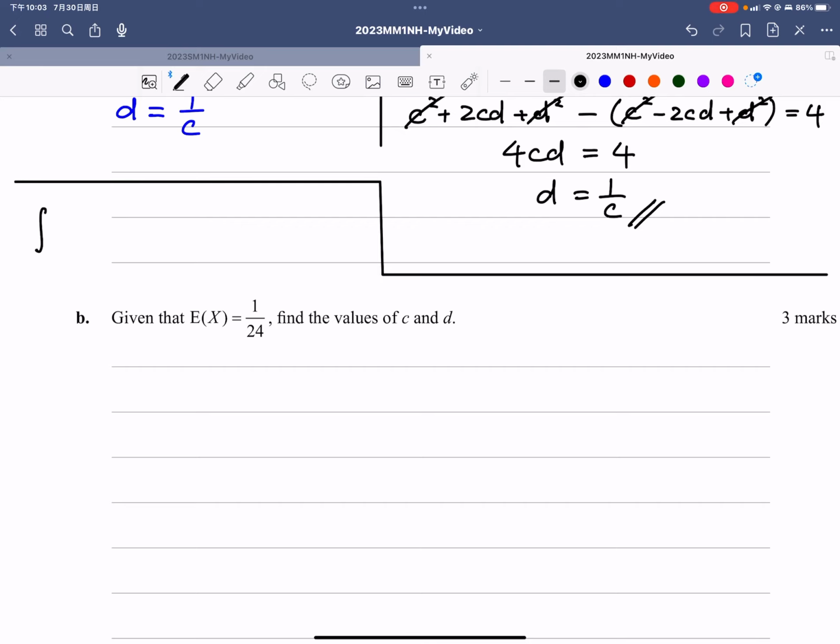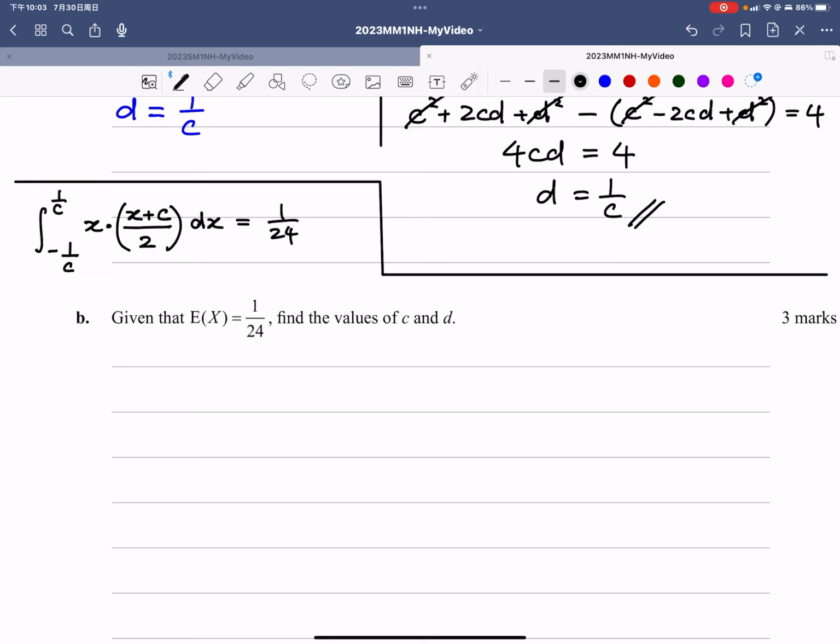Firstly, the expected value is given by the integral from minus 1 over c to 1 over c, simply because d equals 1 over c, of x times (half x plus c) dx, equals 1 over 24.